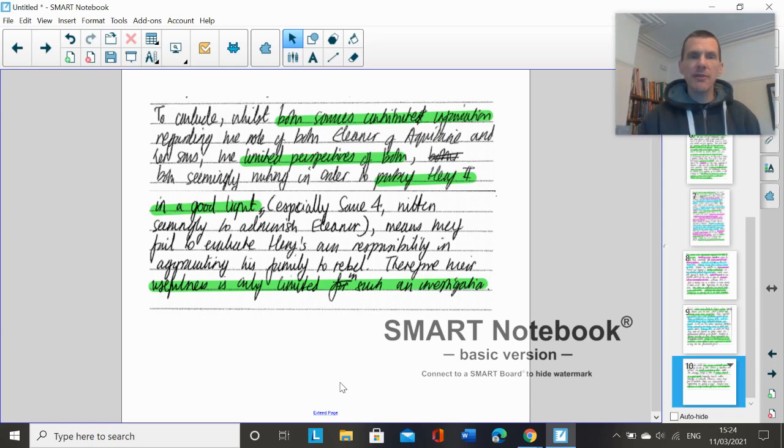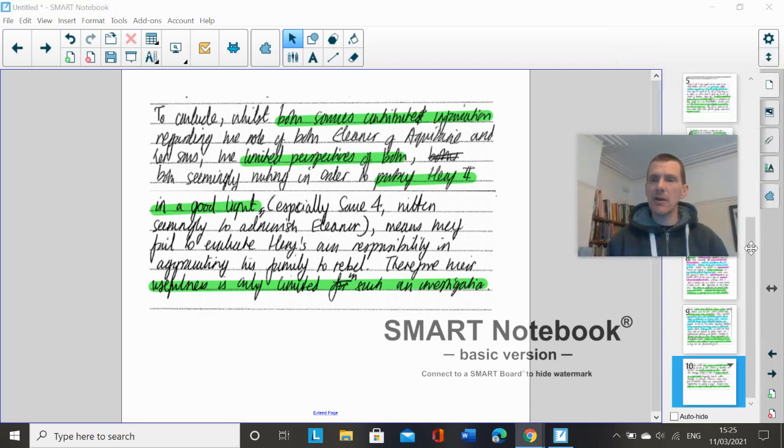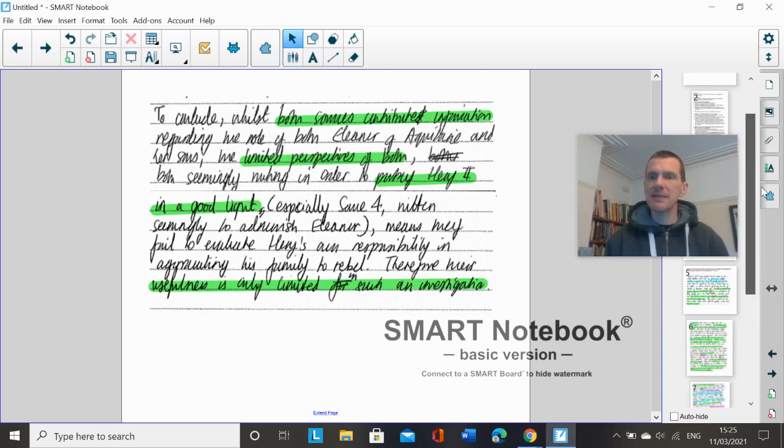And they showed in the next two paragraphs what information was contributed, and those are the useful bits. And then in the final paragraph, they explained why what they felt was deliberately missed out was of critical importance to explaining the role of the family in the Great Rebellion. And so therefore the value of this source is limited in that sense.